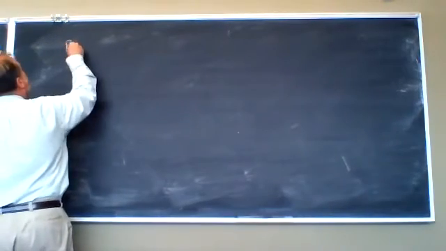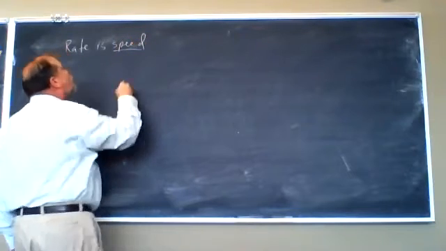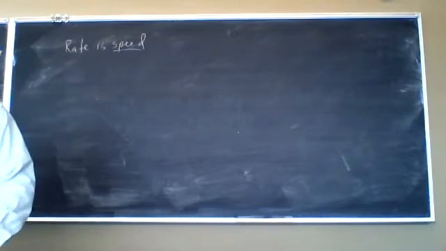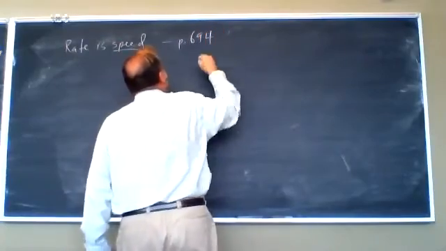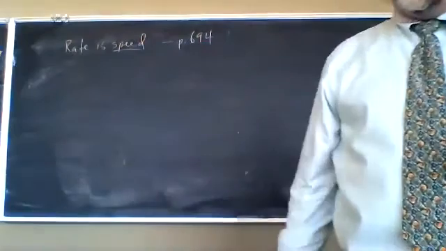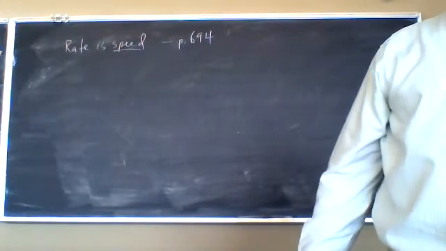So now we want to recognize that a rate is a speed. And in your textbook, they do an example on page 694. And they talk about the one-dimensional motion along any straight line, which we can then put in the orientation of the x-axis.